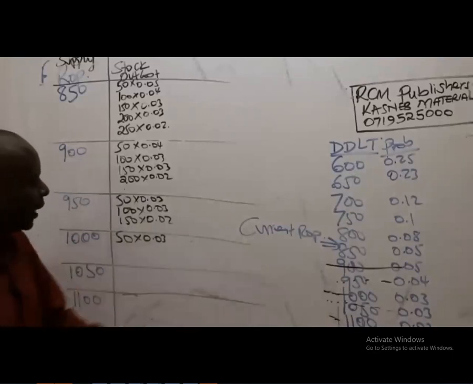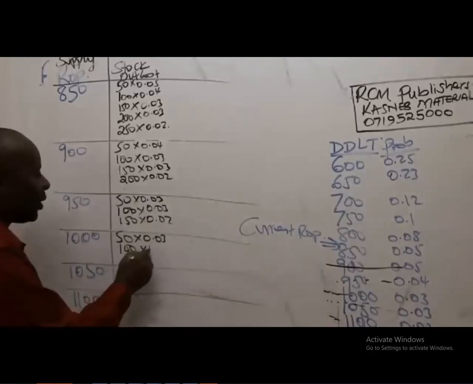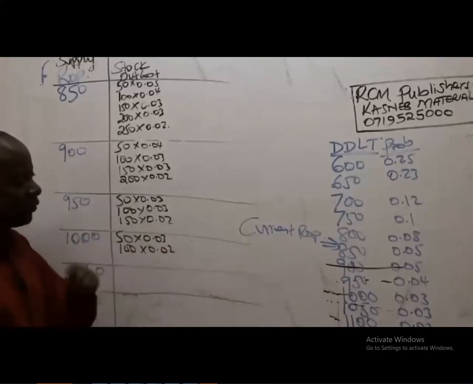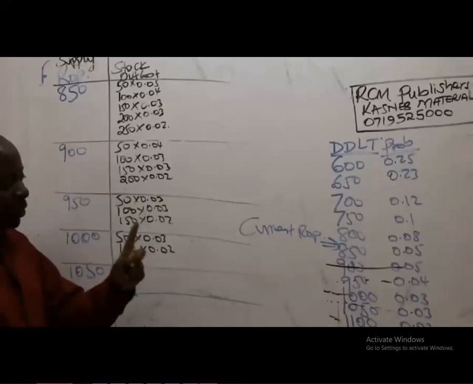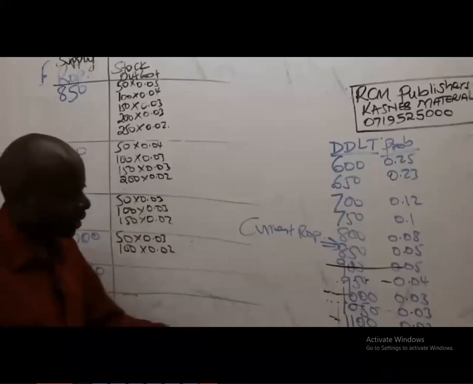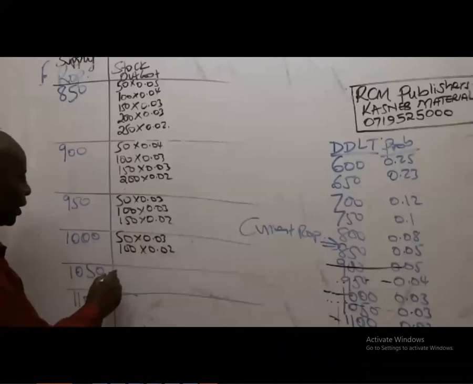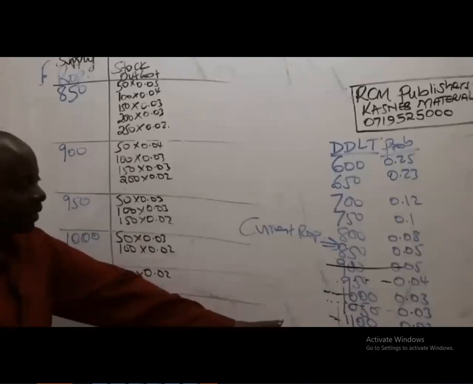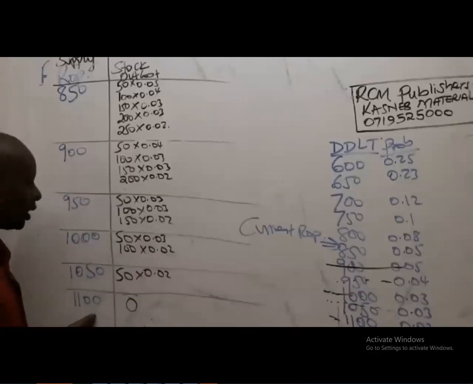If they come 1100, I'll disappoint 100 times 0.02. What if I stock 1050? There is only one possibility of disappointing some customers: if they come 1100, we shall disappoint 50 times 0.02. If we stock 1100, there is no possibility of demand exceeding 1100.